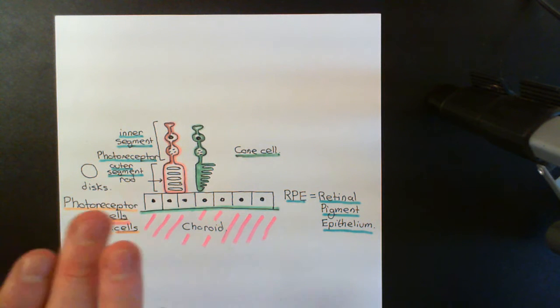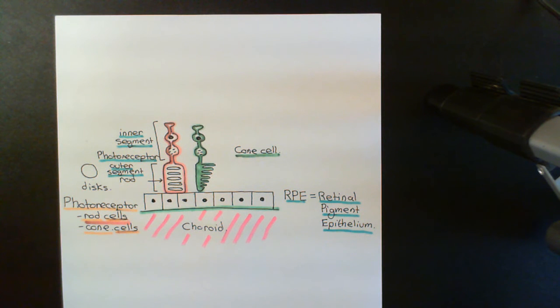So, rod cells, these are important in black and white vision. They're not important in colour vision. They're important in that you can see using the rod cells. So imagine we had a retina just with rod cells. You would be able to see, but your vision would be black and white. All you'd be able to tell the difference between is where areas have bright light and where areas have unbright light.